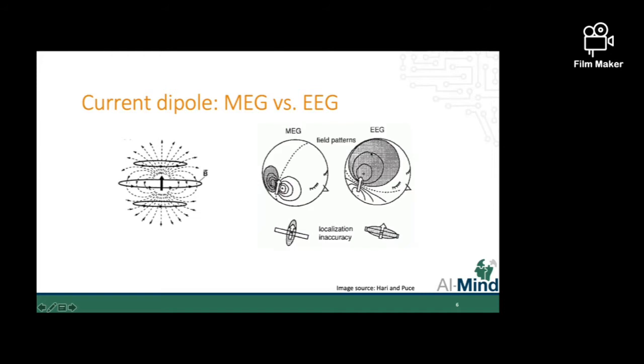We have a positive deflection in front of, above the dipole, and a negative deflection behind the dipole. And you can also see that the field patterns are smoother for the EEG, so the spatial resolution is lower. Okay, these are typical topographic maps.